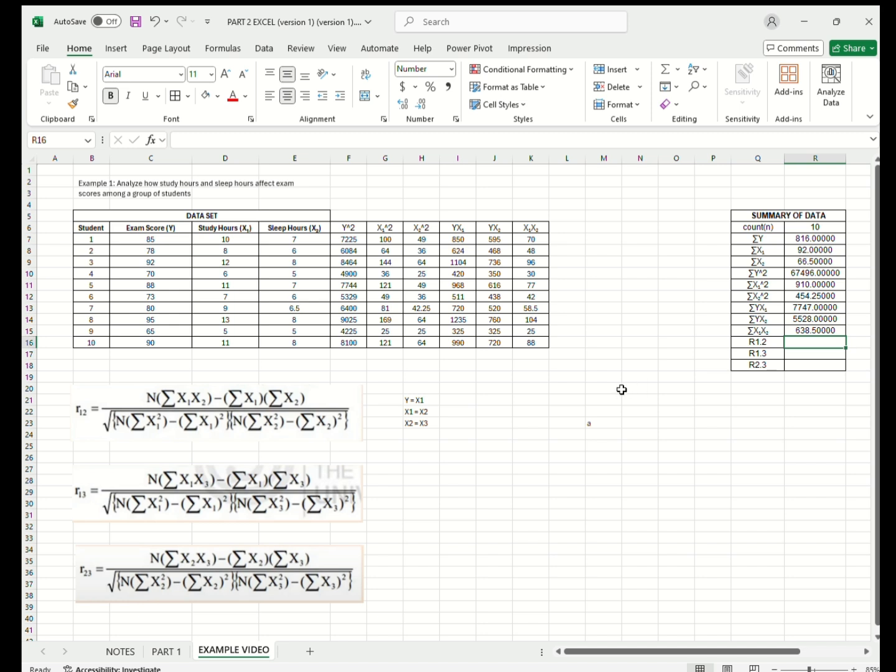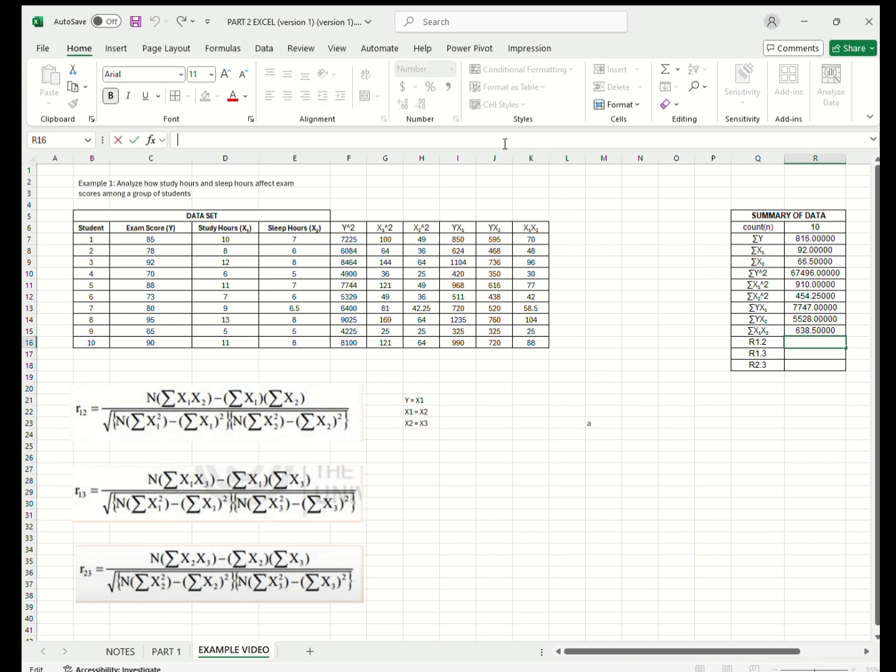Now we gathered the data that we needed. Then we need to proceed to the computation of the correlation coefficients, which are R1.2, R1.3, and R2.3.